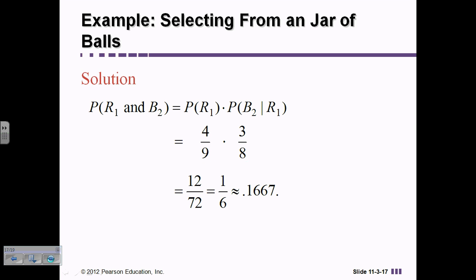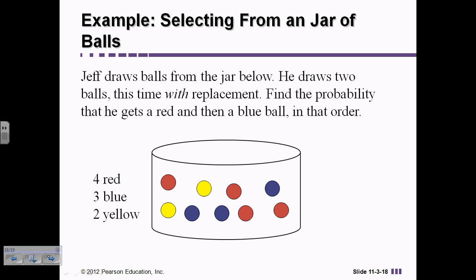Let's look at one more. This time he draws the balls from the jar, but each time he draws a ball, he writes it down, and then he puts it back in and draws another one. So there are always going to be 9 balls in the jar. The probability of drawing a red ball at any point in time is going to be 4 out of 9. The probability of drawing a blue ball is 3 out of 9.